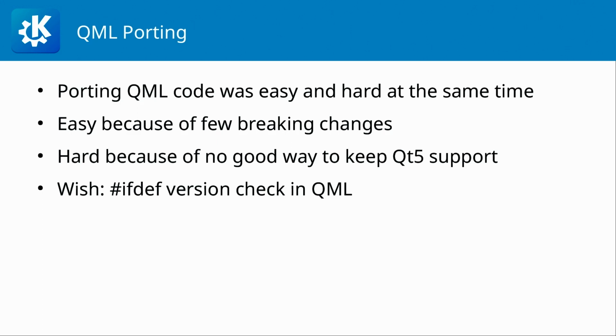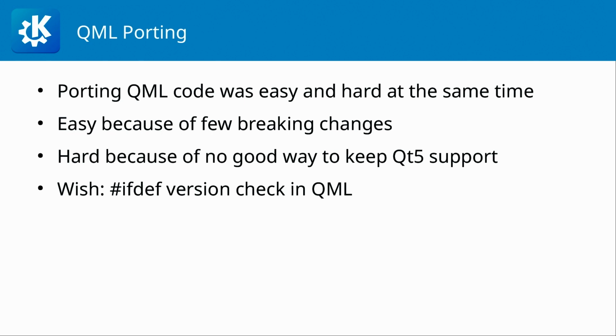Because take, for example, Qt Graphical Effects. Like I said, it was moved to the compatibility library, which meant the import name for it changed. So we had to do a different import statement depending on whether we are building for Qt5 or Qt6. In C++, we could do an #if version check and just include one thing or the other. In QML, it doesn't work that way, because there's no language construct that allows for this.